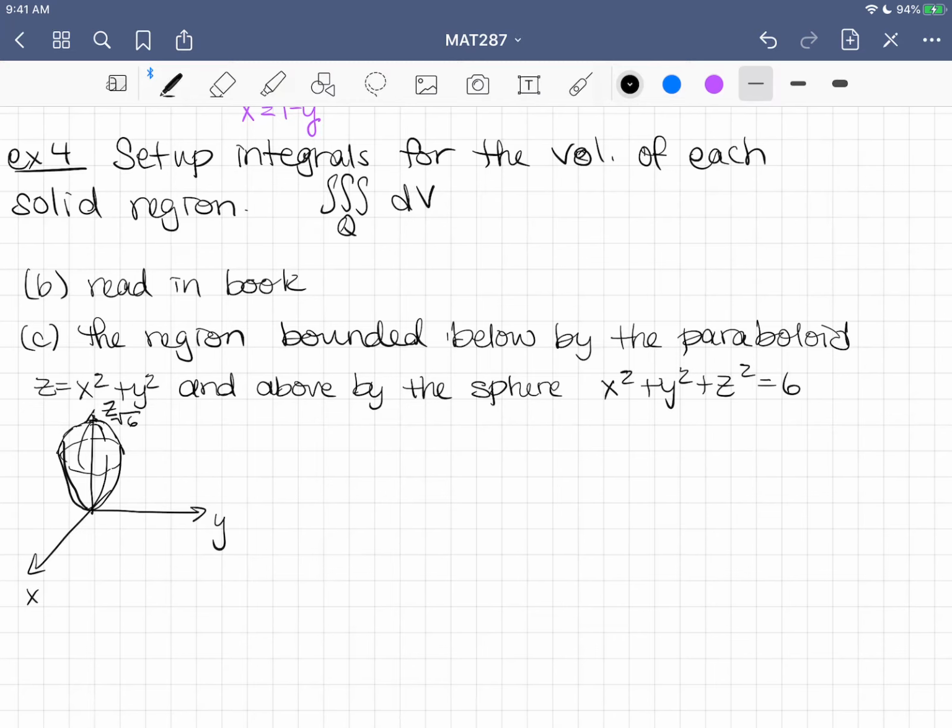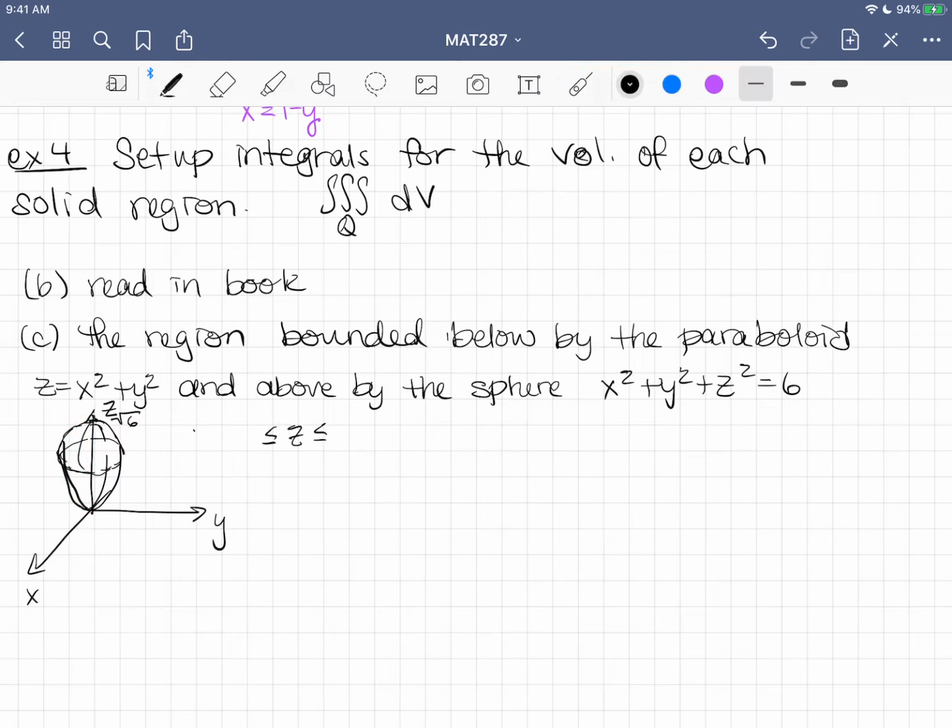So the region of integration here, let's think about what's happening. As I take my little pieces of the volume, they're going from the paraboloid up to the sphere. So my bounds on z are the paraboloid to the sphere.